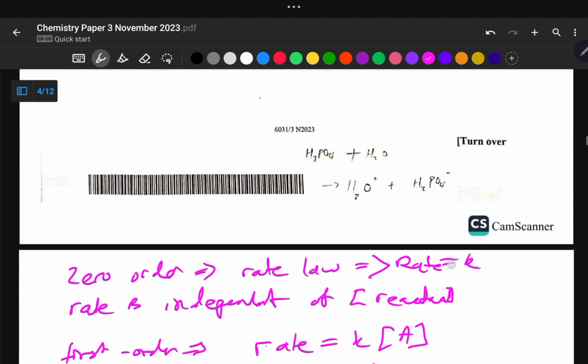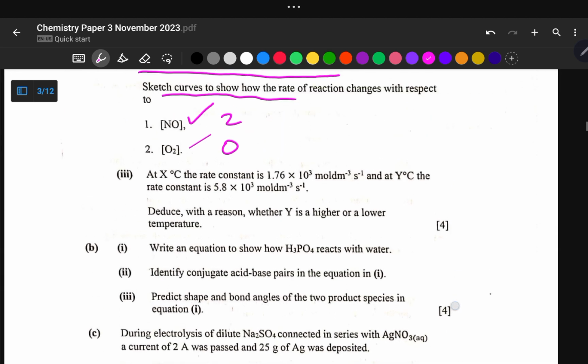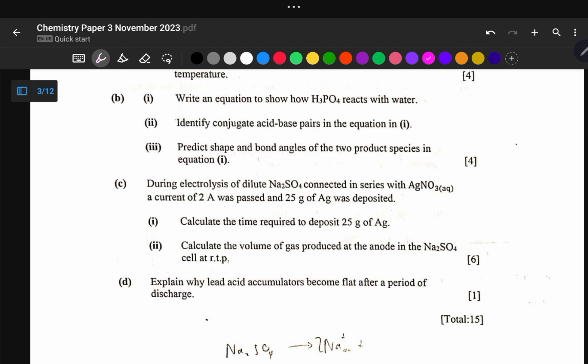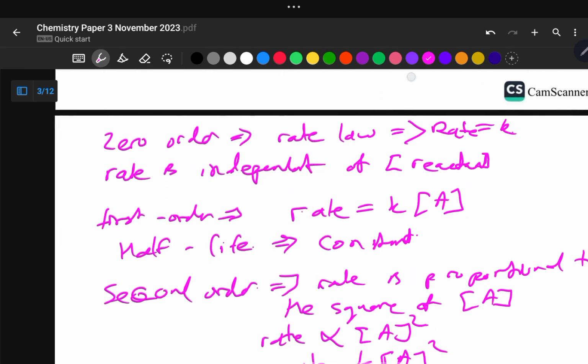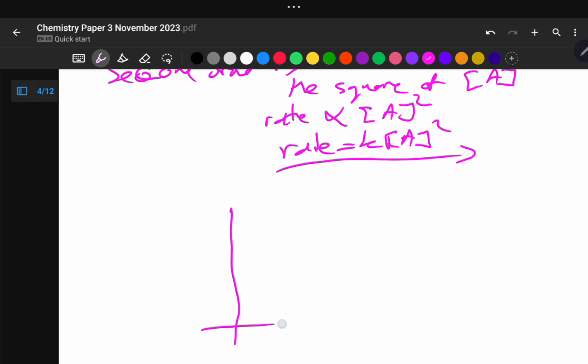So we are required to sketch a curve, right? So you can sketch the curve in this form. We can have rate on the vertical axis, and then the concentration of reactant on this axis. So this one is for zero order, where the rate is independent of the reactant.